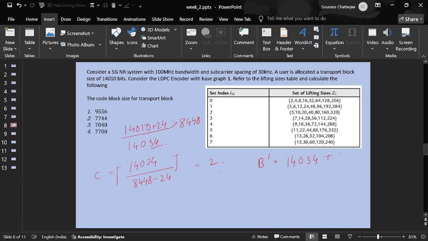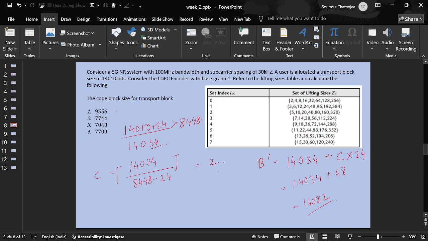We have C code blocks, and in each code block we need a 24-bit CRC. So it's 14034 plus 2 times 24, that is 48. So it essentially becomes 14082.